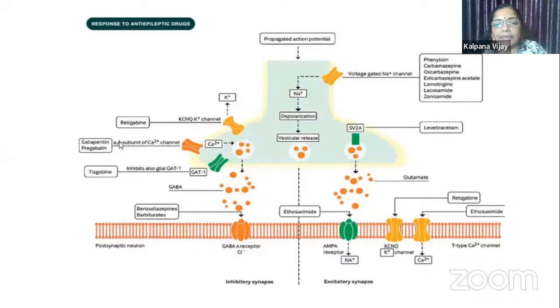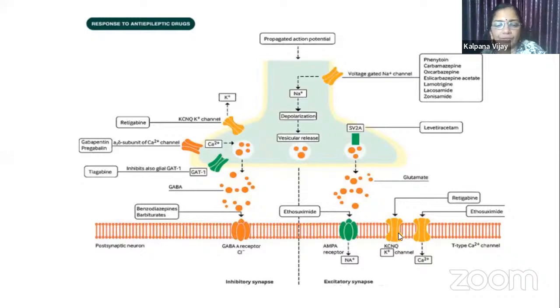The postsynaptic calcium channel blocker is ethosuximide. This is very important: retigabine affects both presynaptic and postsynaptic potassium channels.